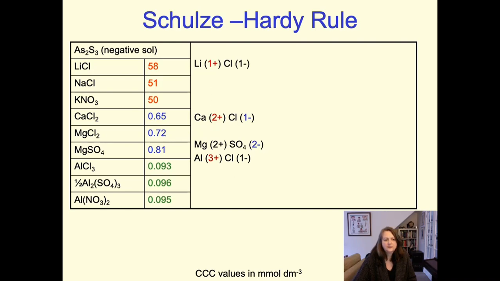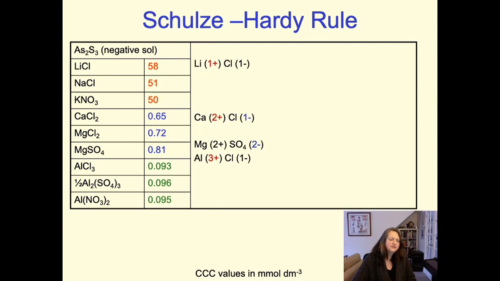And you can see that where the positive ion is +1, you need roughly 50 millimolar of this electrolyte in order to lead to flocculation.